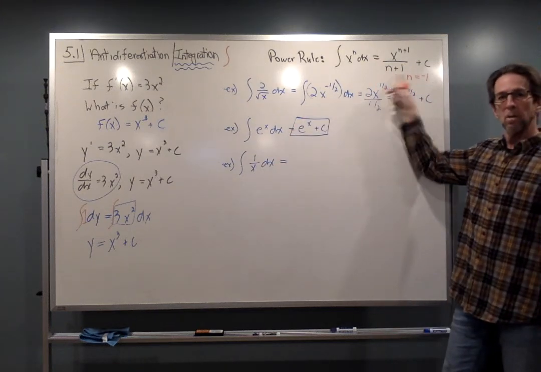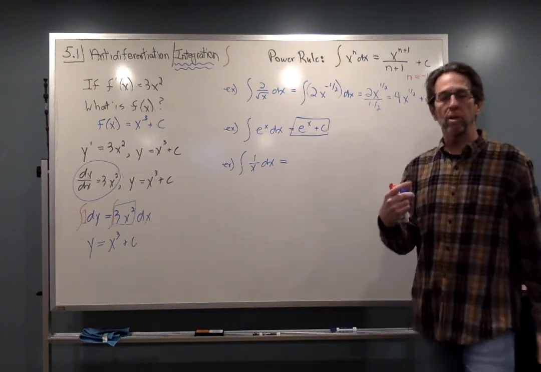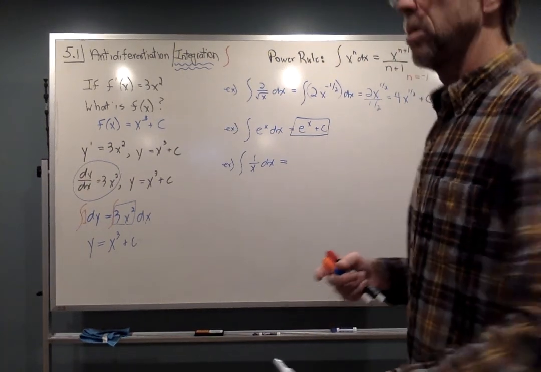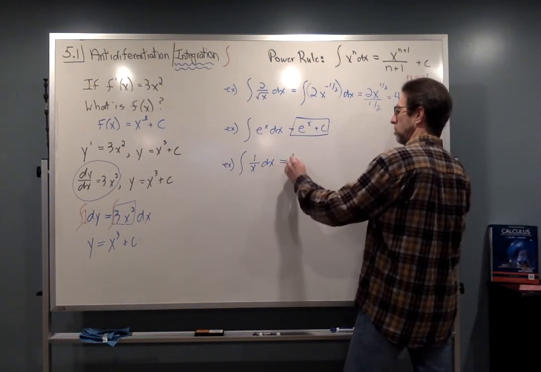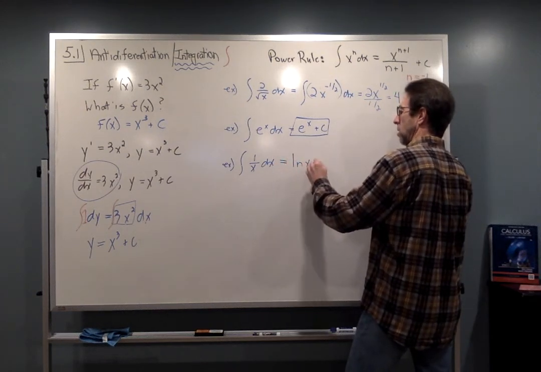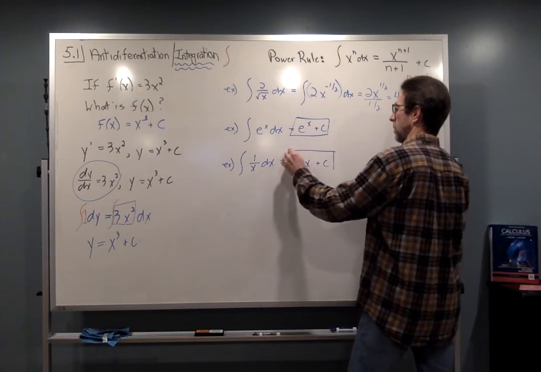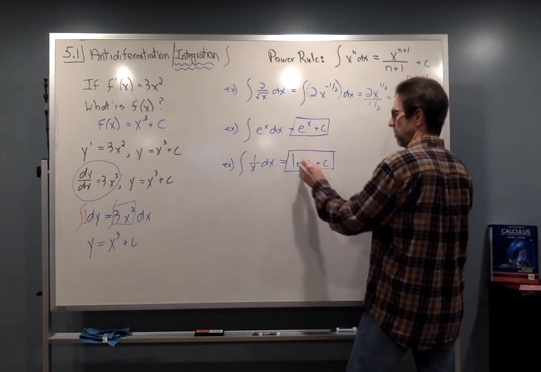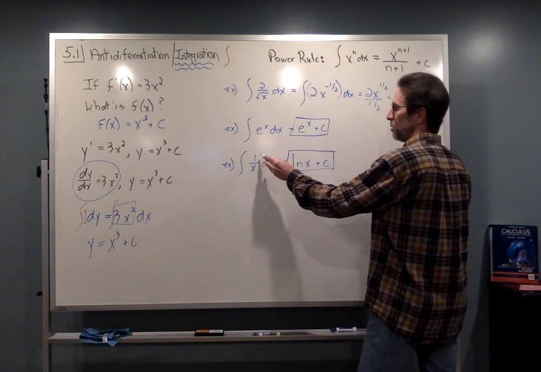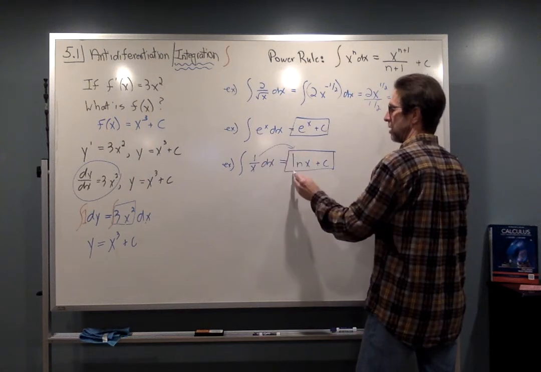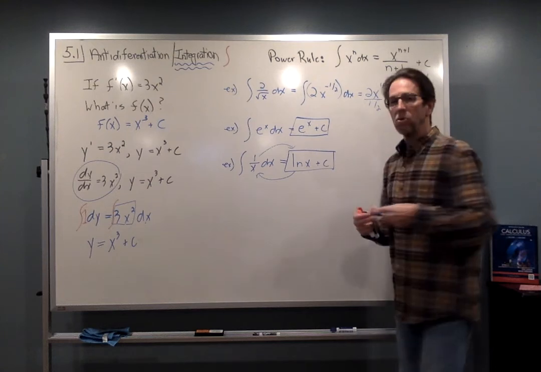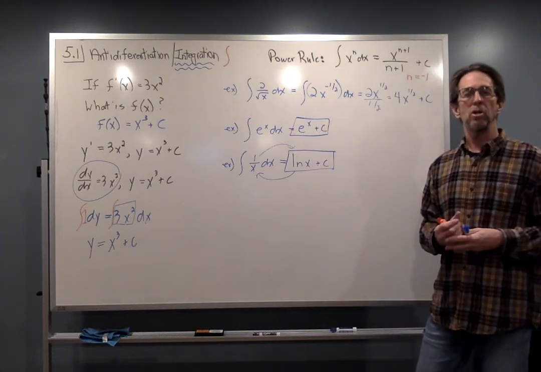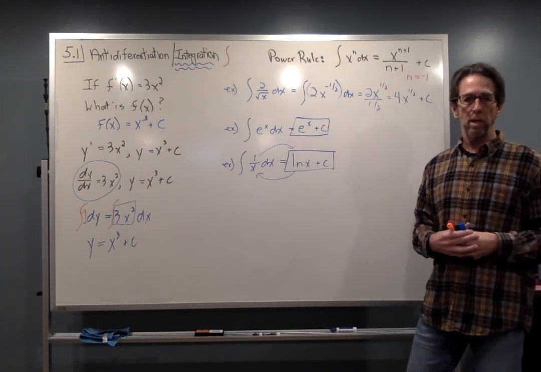But if you really think about some of the derivatives that you know, the only option for this to be true is that it's the log of x. Why? Because the derivative of log x is 1 over x. So the integral of 1 over x is log x only because the derivative of log x is 1 over x. So many times it's that anti-differentiation process that gets us to where we need to be.